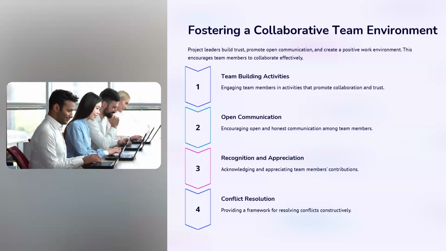The project leaders build trust among the team members, and they promote open communication because complete information has to be shared with everyone, and create a positive work environment. This encourages team members to collaborate very effectively.